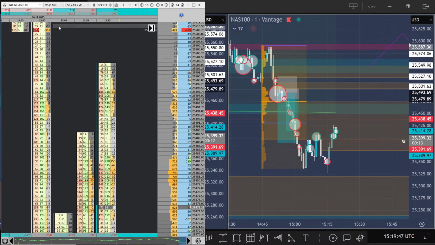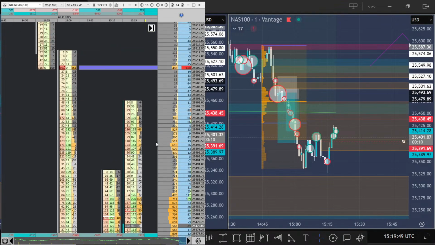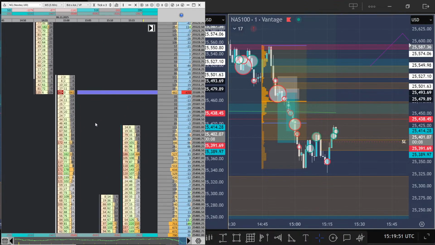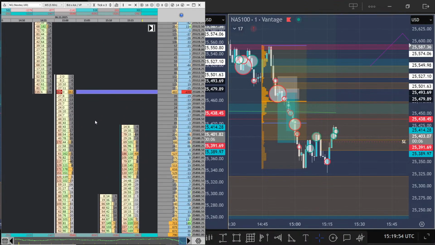So we've got a big zero print here. Wow, look at that. 361 to 20 buyers. It's pretty decisive.